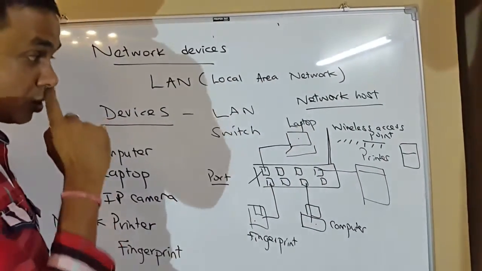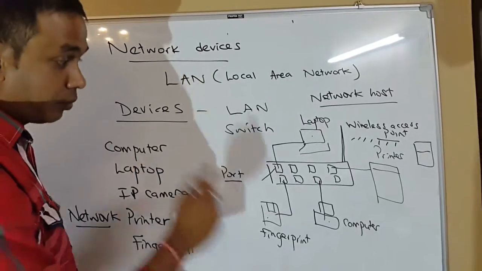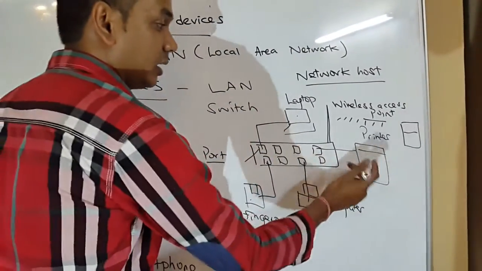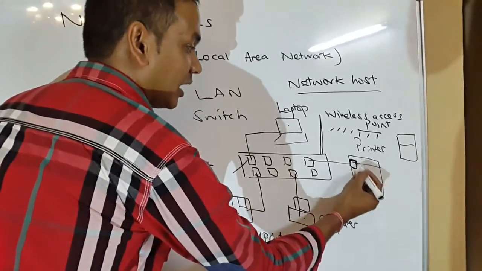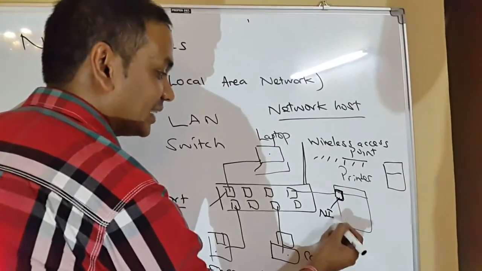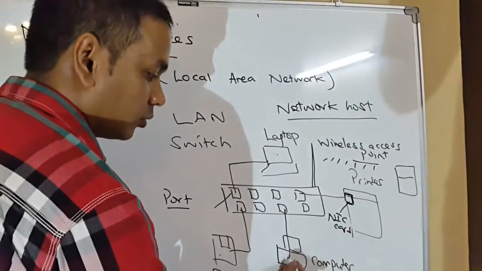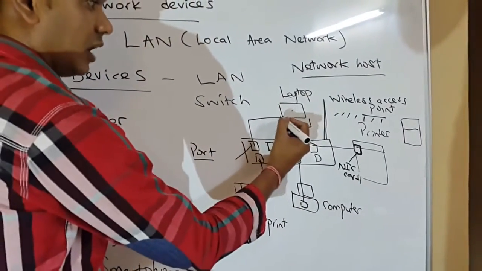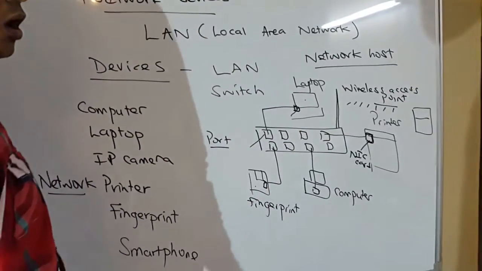And each of those network hosts, which is very important, each of those network hosts which is connected via a cable, is what we have here. It's called the NIC card. The computer comes with the NIC card, the printer comes with the NIC card, the laptop has its NIC card.